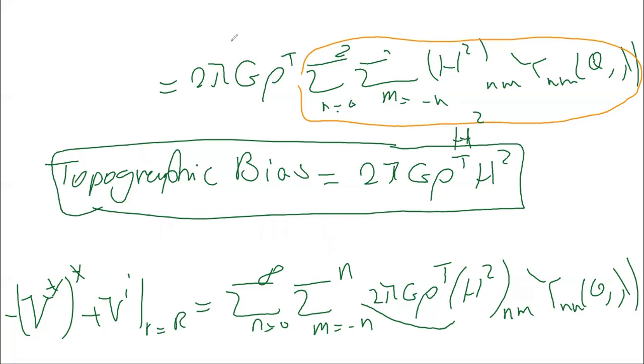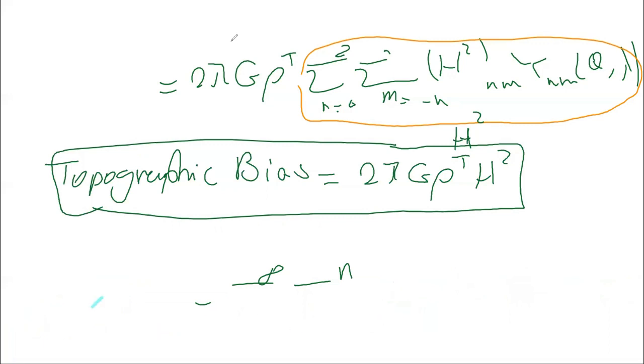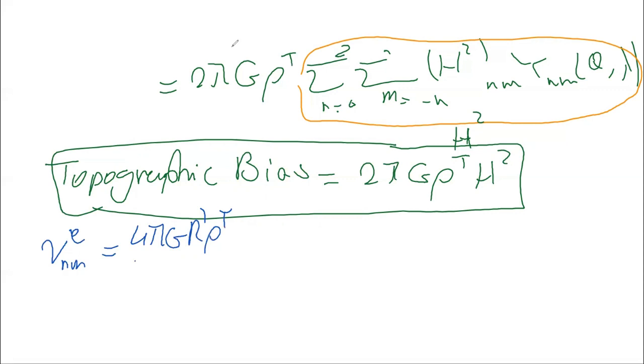If I continue doing that harmonic expansion up to the third term, I will obtain another formula. Let me write this spherical harmonic expansion for them, then we can see. For example, the spherical harmonic expansion of the external type: 4 pi G R squared rho over 2n plus 1.